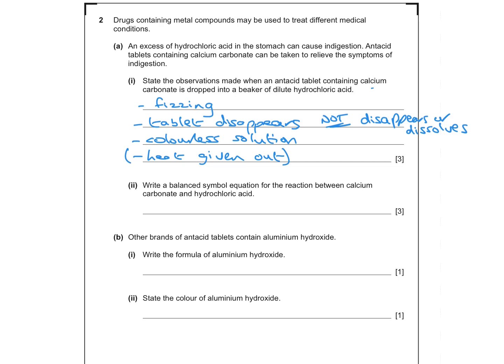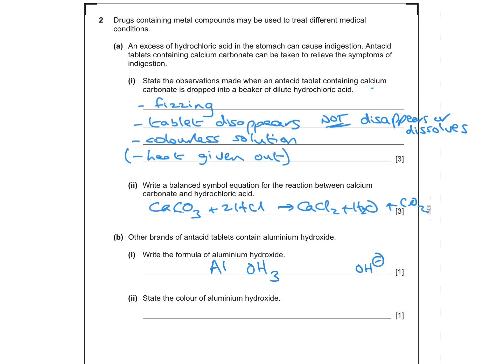The balanced symbol equation then, I'll just write it in now. The formula of aluminium hydroxide for part B. Aluminium has a valency of 3. I swap it and put it after the OH. And on the back of your data leaflet, you will see that hydroxide is OH minus. This minus tells it has a valency of 1.